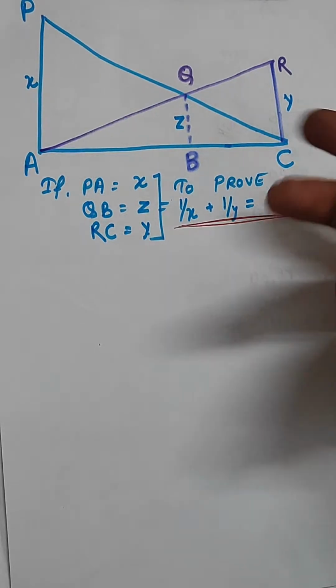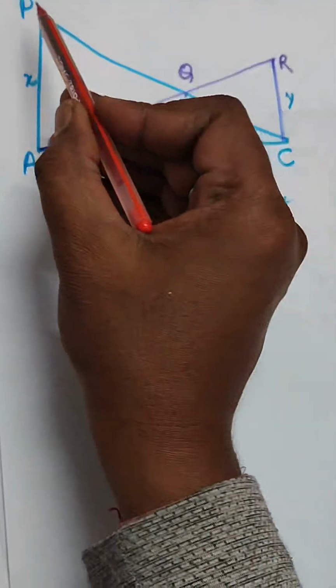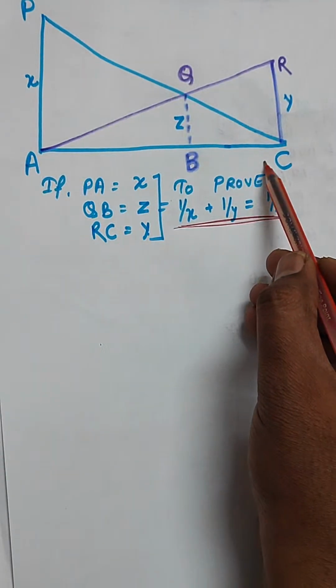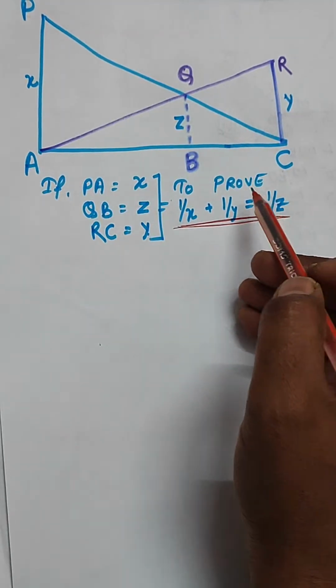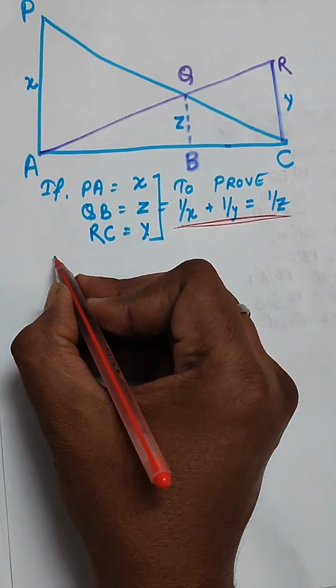So first of all, just divide this entire figure into two portions. Consider the triangle PAC once, right? When you consider the triangle PAC, the figure will be looking like this.